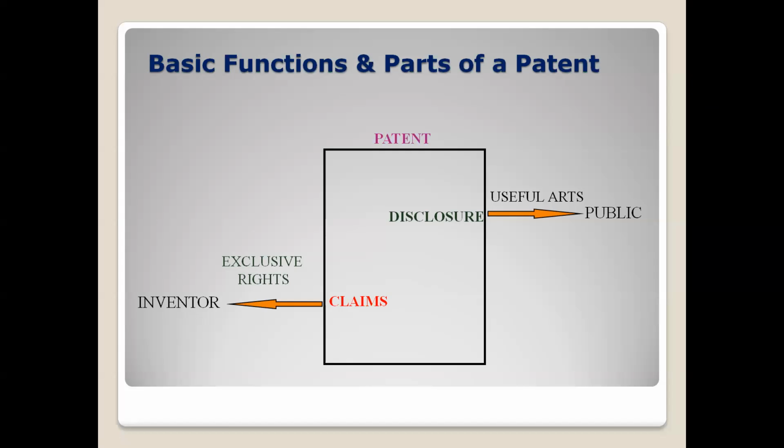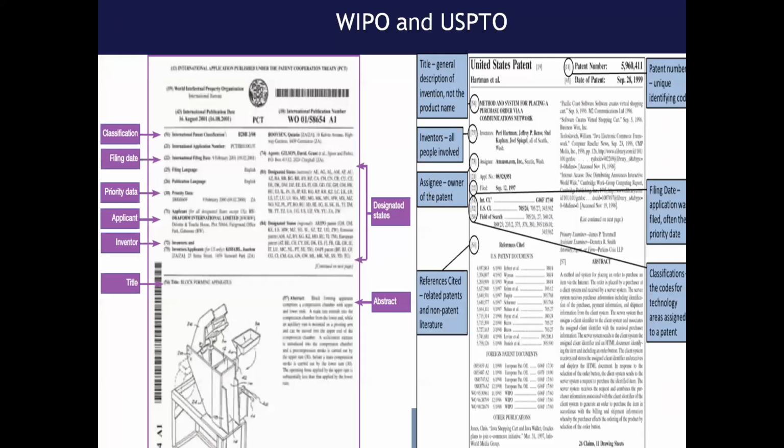The strength of your fencing decides the extent of protection to your property. Similarly, the strength of the claims will decide the protection for your invention. So therefore, claims are like heart of a patent. For us, heart is very, very important. Similarly, claims are for patents.